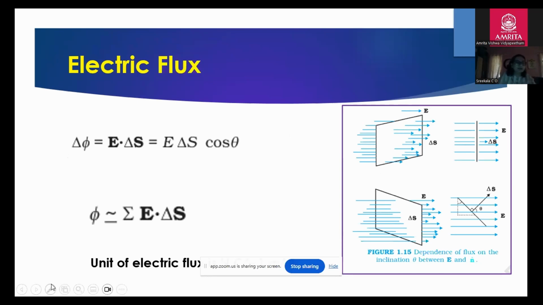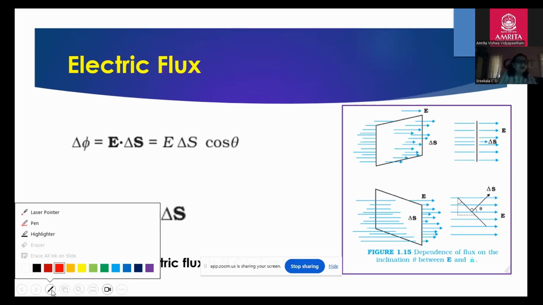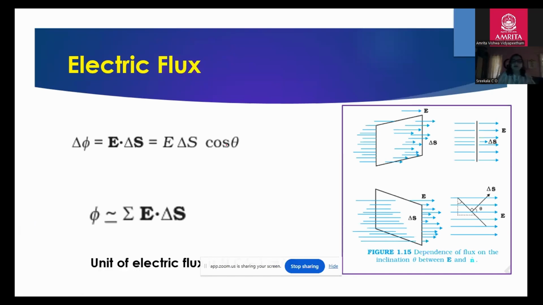Yes, ma'am. This rectangular portion indicates the surface ds.